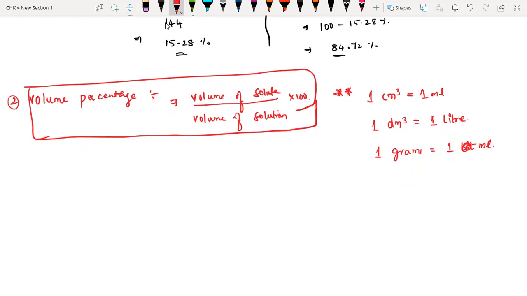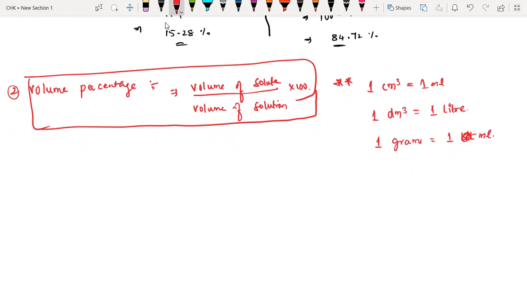The next one is mole fraction. So what is a mole fraction?